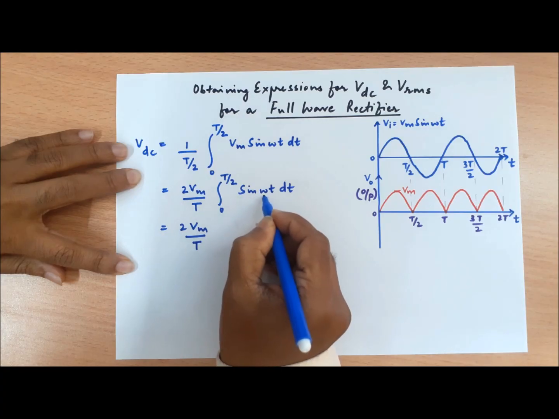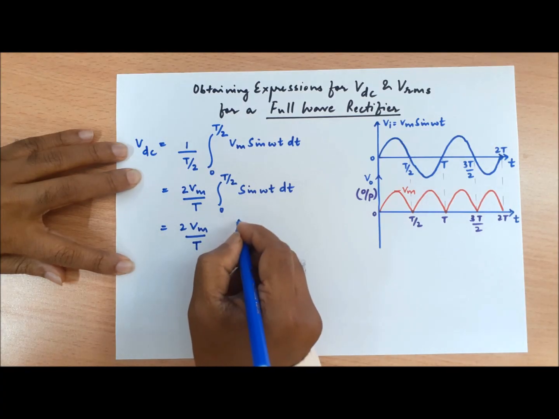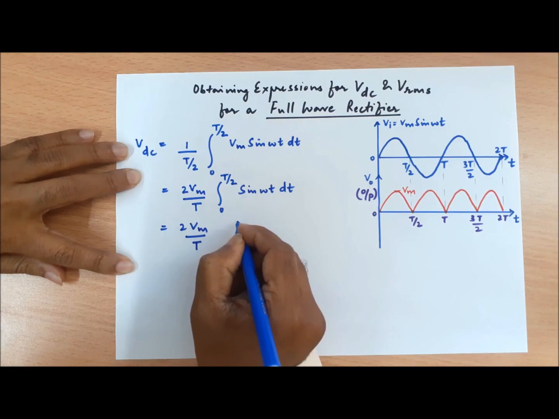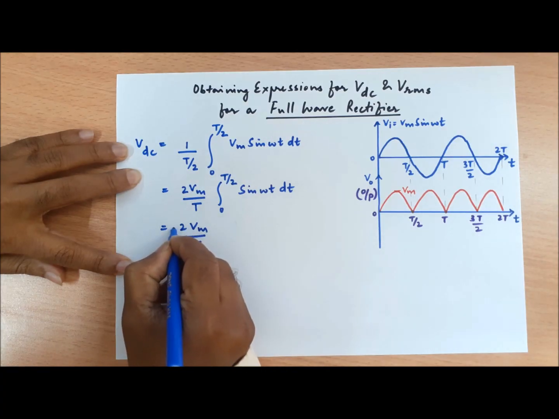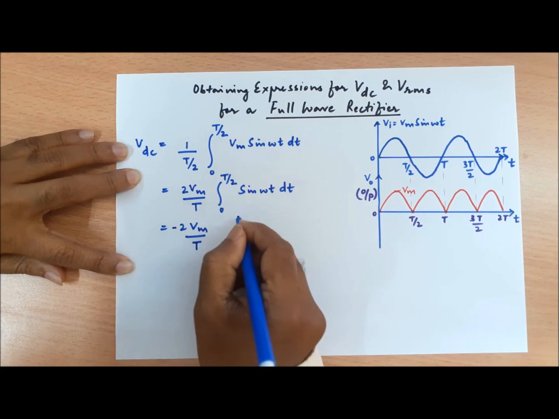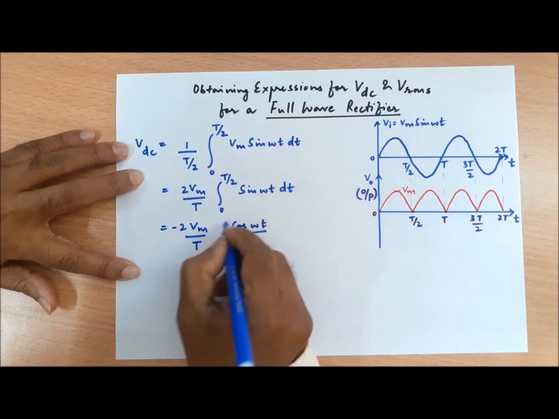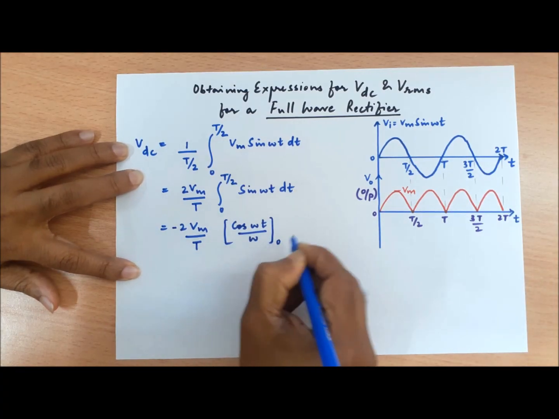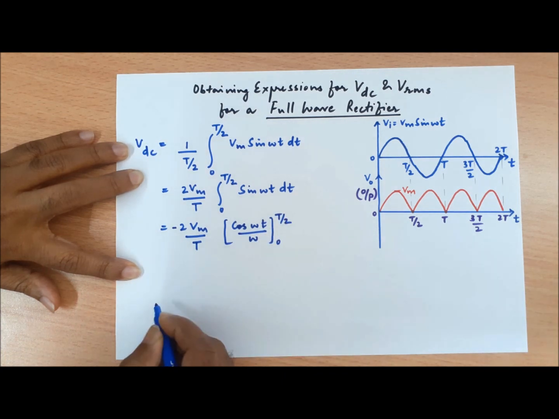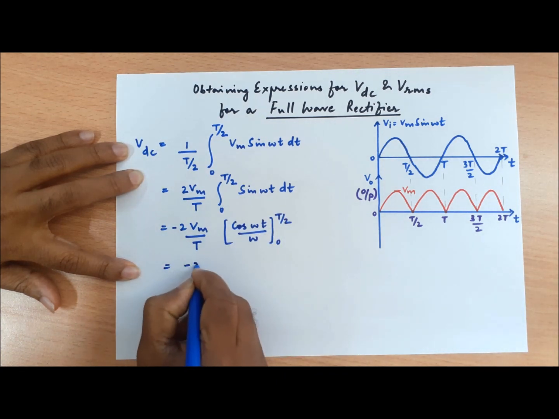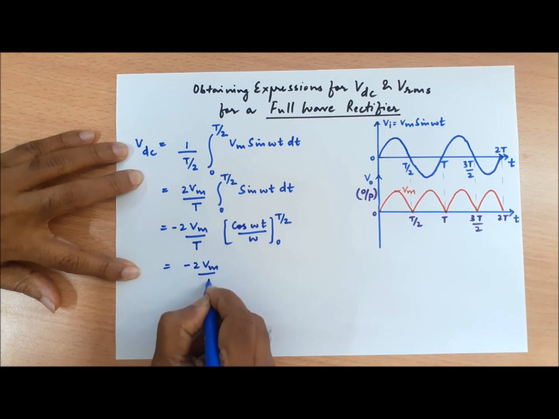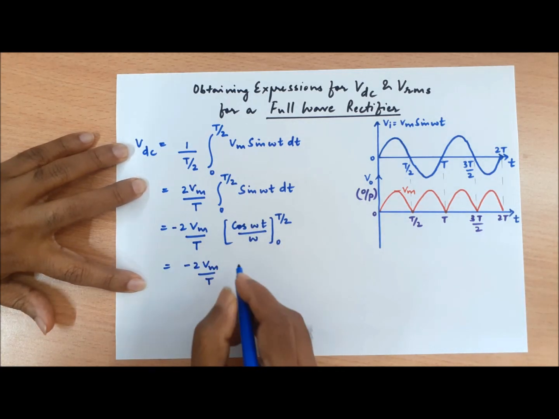Now integration of sine omega t is minus cos omega t upon omega, so I'll write the minus here, with limits 0 to T by 2. So minus 2 Vm upon T. Let me substitute it. Omega is 2 pi by T.